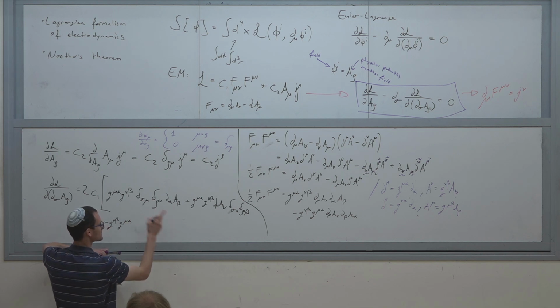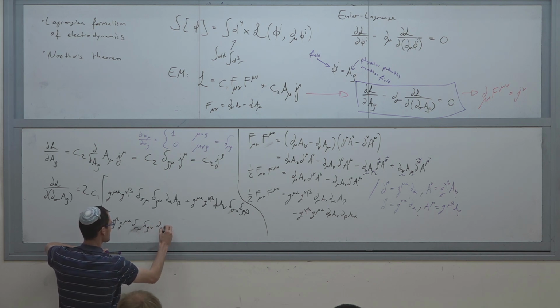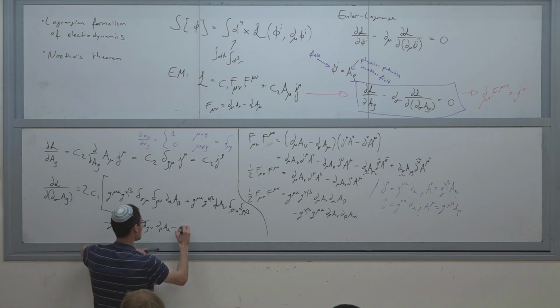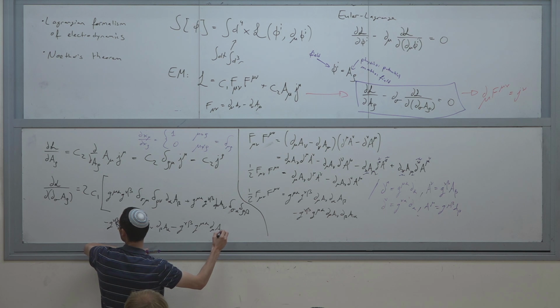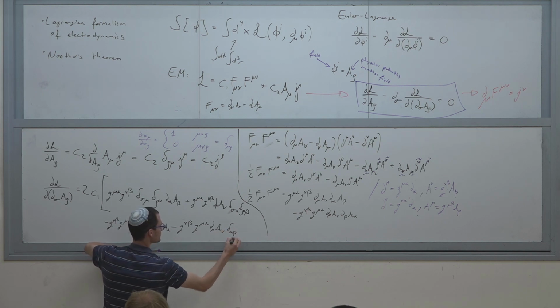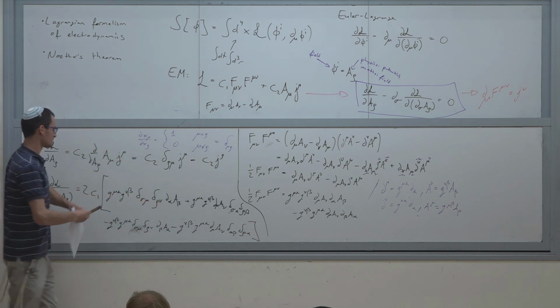Taking the derivative, that's delta_σμ and delta_ρν times ∂_β A_α minus g^{νβ} g^{μα} ∂_μ A_ν. And now we get delta_σβ and delta_ρα. Great.